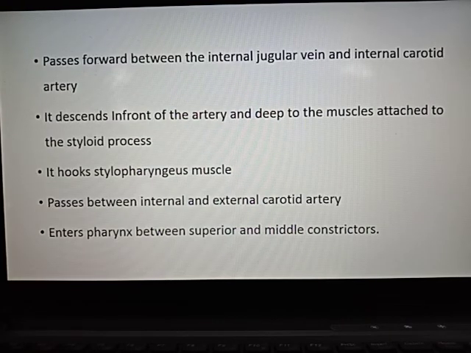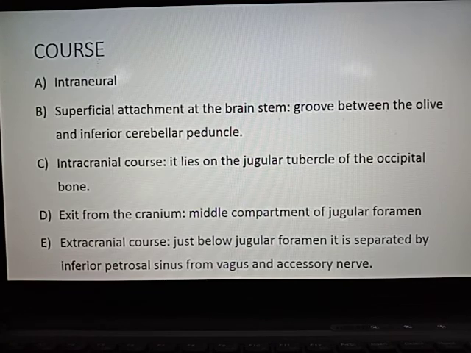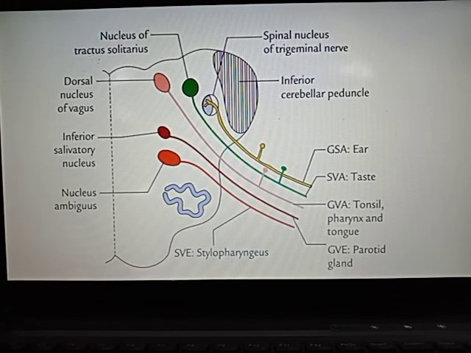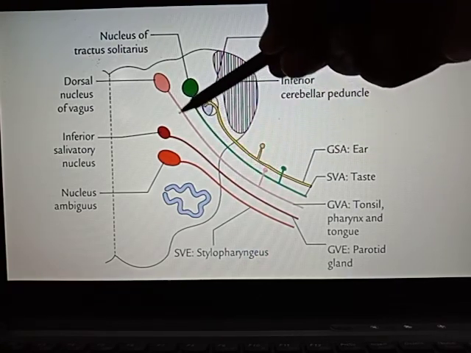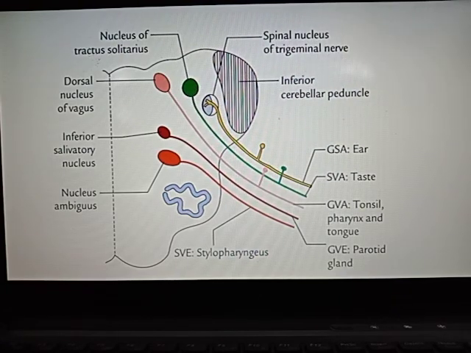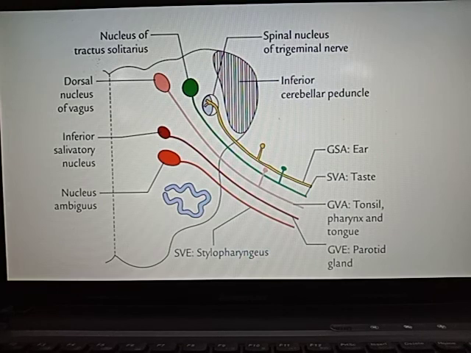The intraneural part passes forward and laterally through the medulla, and then comes to the surface of the medulla.